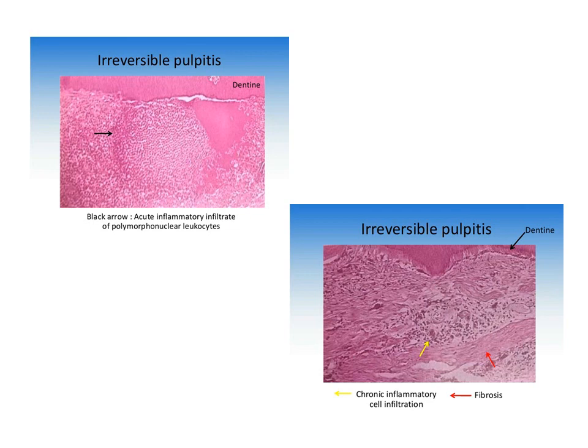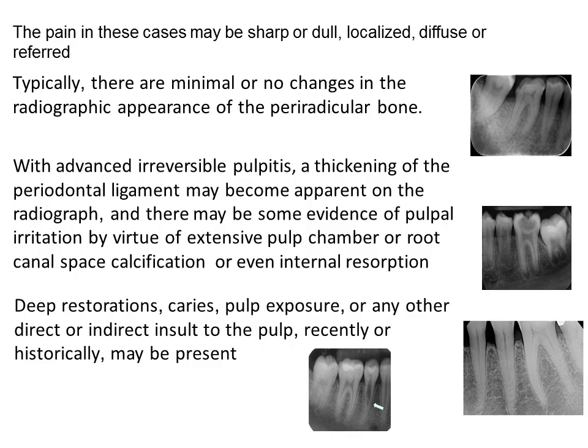You can see here the irreversible pulpitis, the asymptomatic one, and this one is symptomatic. Yes, here you can see the inflammatory cells, the polymorphonuclear leukocytes. Okay, and here you can see some fibrosis inside the pulp. Cell infiltration is clear. This is histologically.